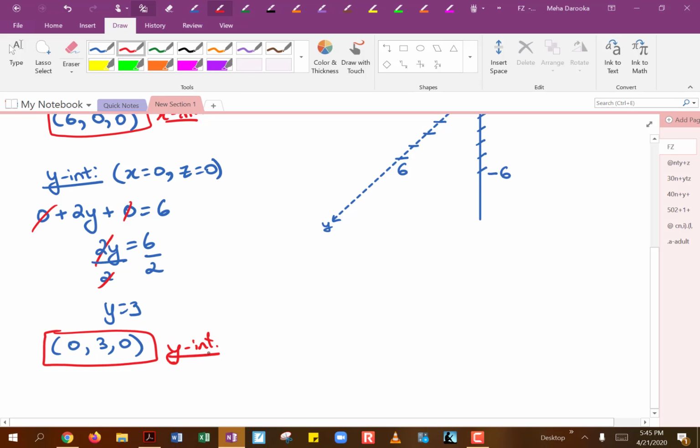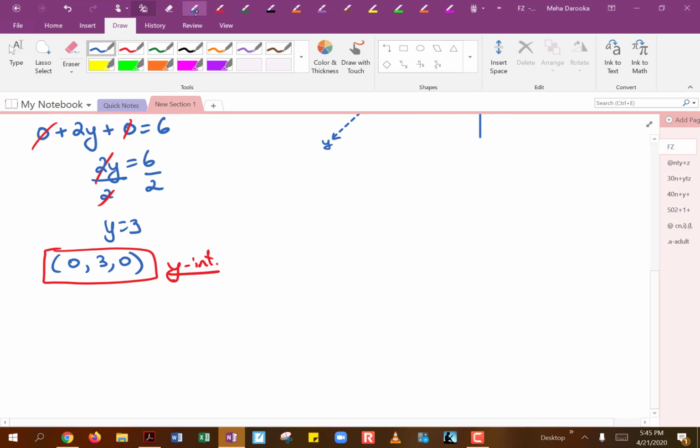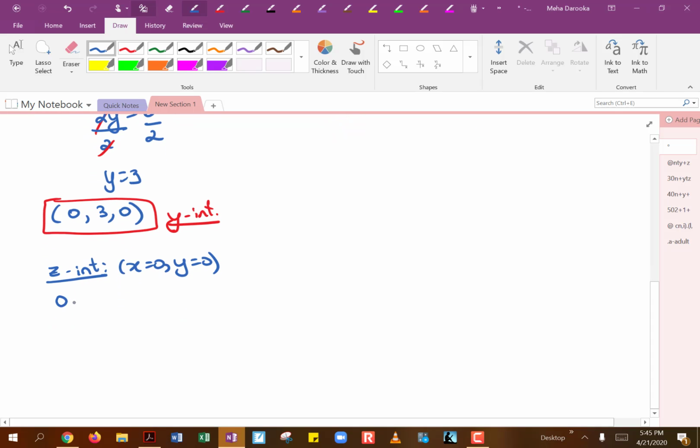Okay, so of course the next thing we want to find is our z-intercept. For the z-intercept, we will make the x value 0 and the y value 0. So that'll end up giving us 0 plus 2 times 0 plus z equals 6.